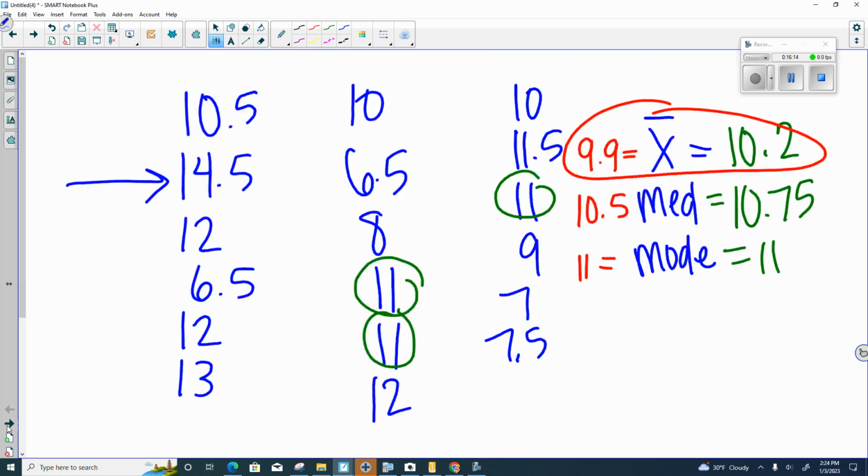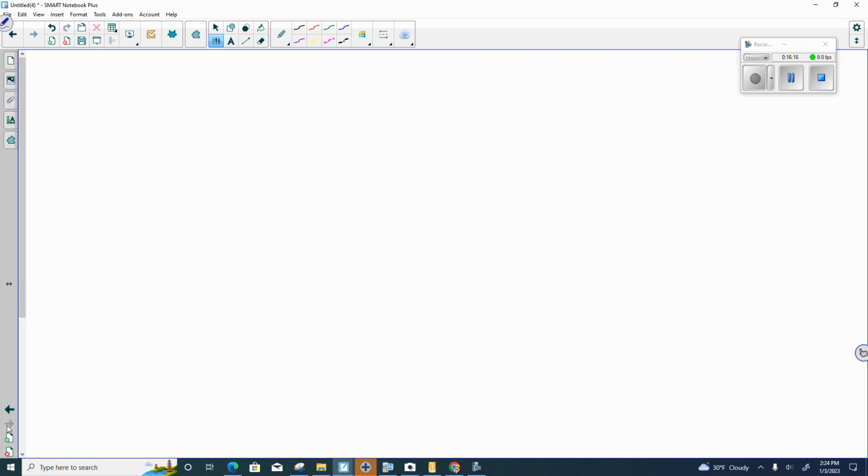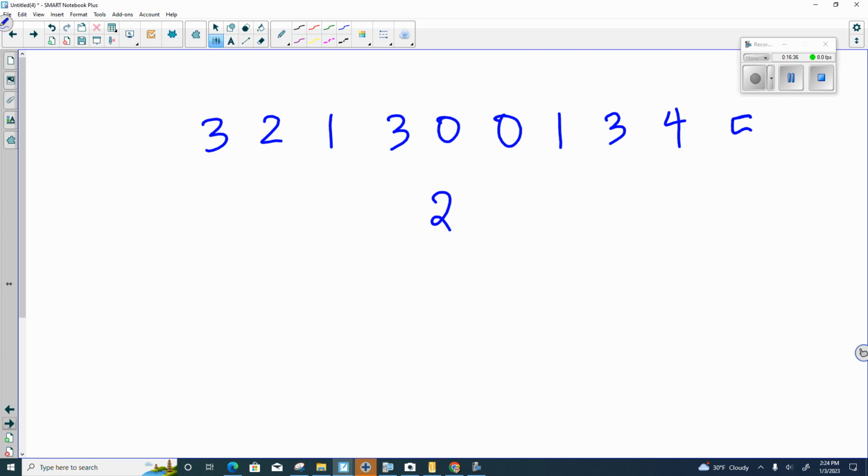So as one more basic idea, if I ask for how many pets everybody has, and it's 3, 2, 1, 3, 0, 0, 1, 3, 4, and I find the average, what should it be about? Around 2. If we have a friend who has a farm and he's got 57 pets, what would this do to your average?